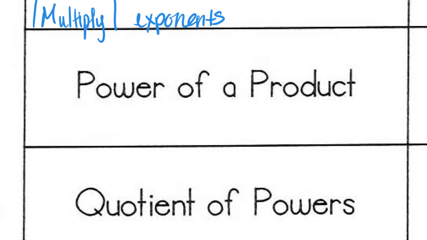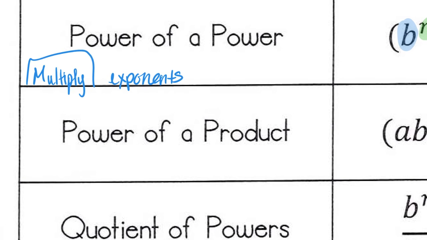The same is true with a different form of power of a product, and that is when you have multiple parts in your group. In that case, we're going to distribute your exponents.